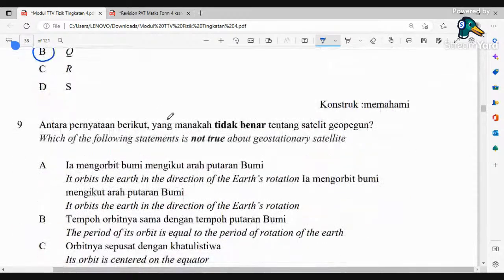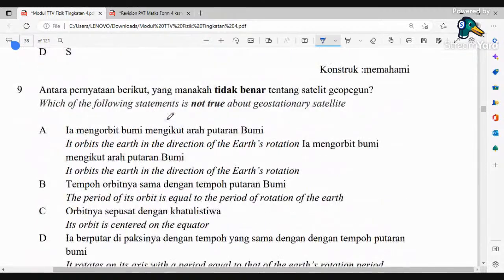Okay, number 9. Which of the following statements is not true about a geostationary satellite? You must know the properties of a geostationary satellite. Its period T equals the period of the Earth, which is 24 hours.